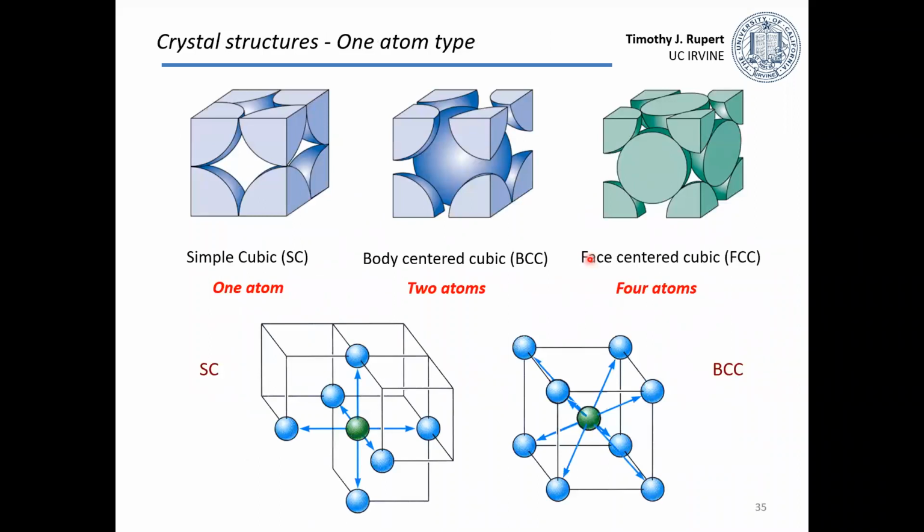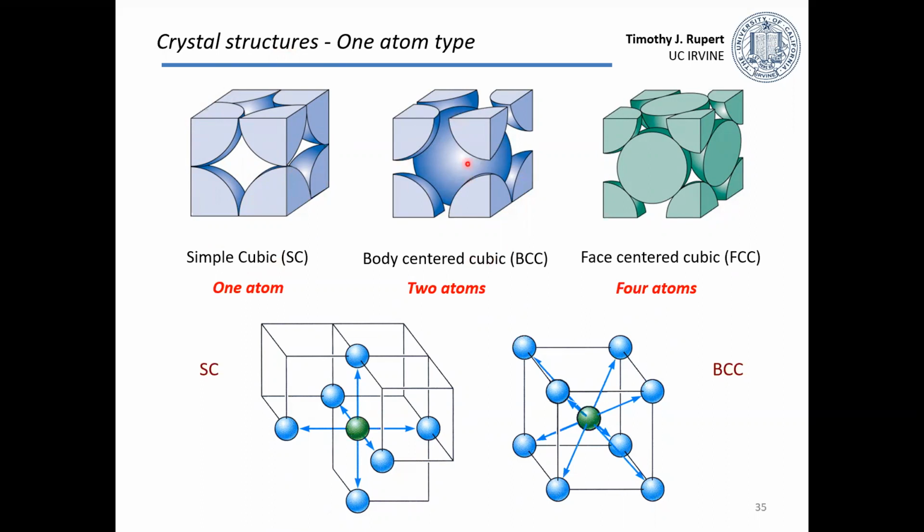So if we go back to those three crystal structures I just mentioned, in this case, we have 1, 2, 3, 4, 5, 6, 7, and then there's 8. We can't see it, it's the back left corner. Each of those atoms is shared with other unit cells, so it's 8 times 1/8. So there's one full atom contained in this unit cell.